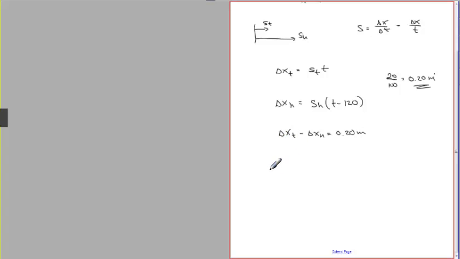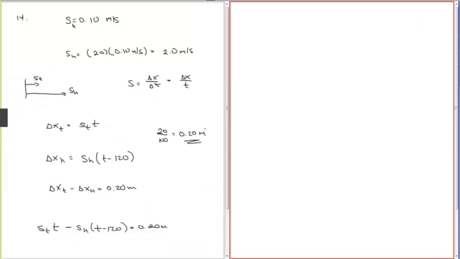So if we substitute for delta x sub t, we put in the speed of the tortoise times the time, and we subtract off the speed of the hare times t minus 120. That's delta x sub t. Delta x sub h is that. And that difference has to be 20 centimeters, which is 0.2 meters. So now all we have to do is solve for t.